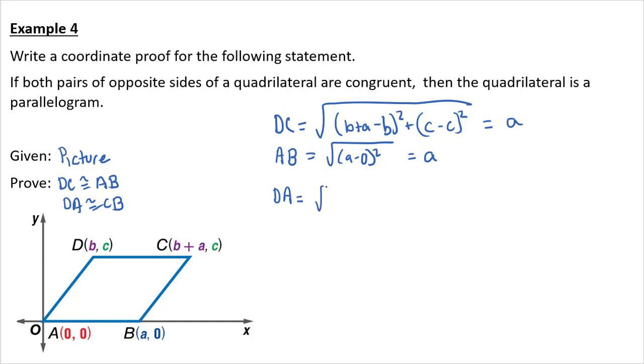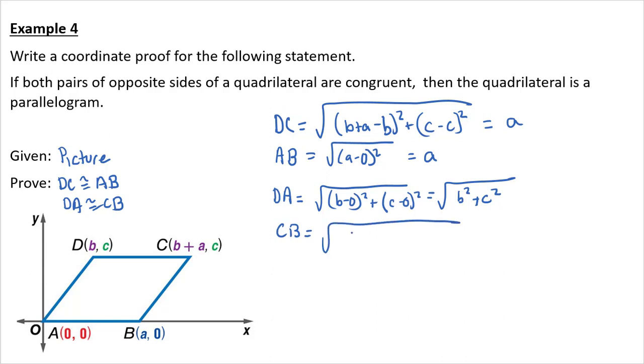DA is the square root of b minus 0 squared plus c minus 0 squared, so it's the square root of b squared plus c squared. CB is the square root of b plus a minus a squared plus c minus 0 squared, so that simplifies to the square root of b squared plus c squared.